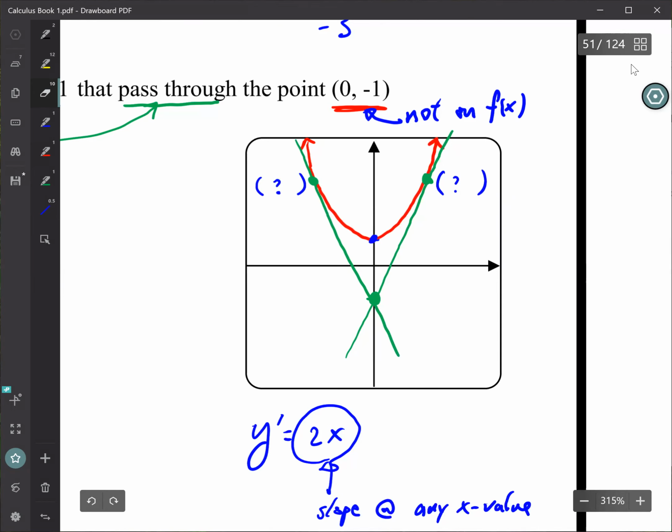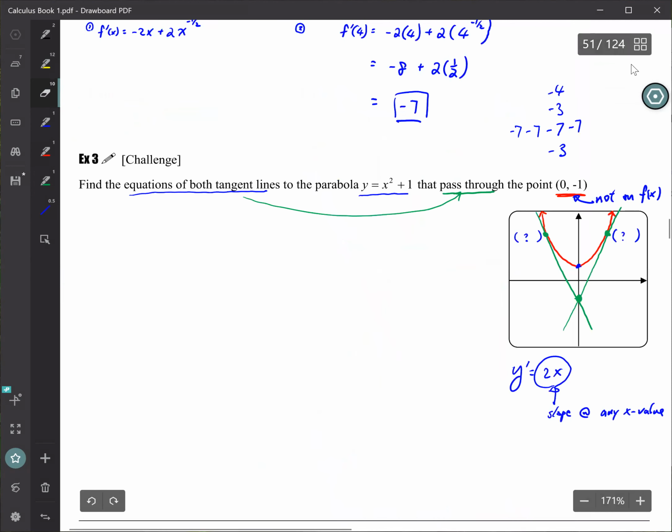Okay. All right, so let's go to here, okay? Go to the right side. So first, we are going to let, because right now we know the difficult part is not knowing the tangent point, right? So we're gonna let the tangent point be AB.